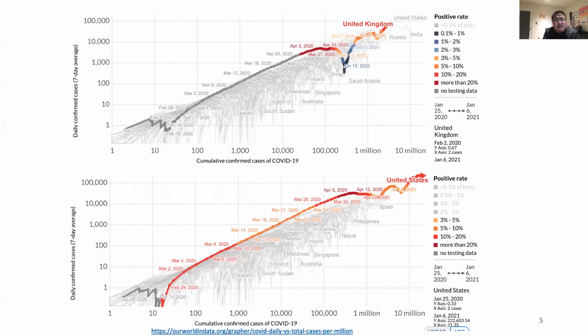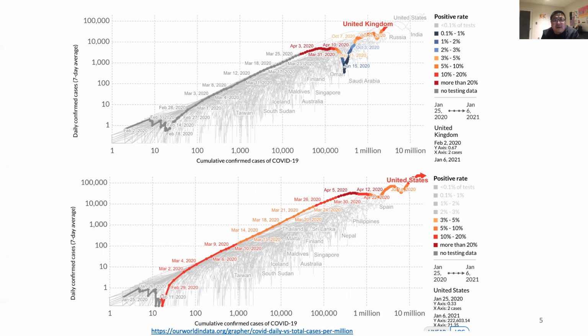And this is a curve showing, over time, the trend of the increasing number of confirmed cases for two different countries. The top one is the curve for the United Kingdom; both figures are in log scale.